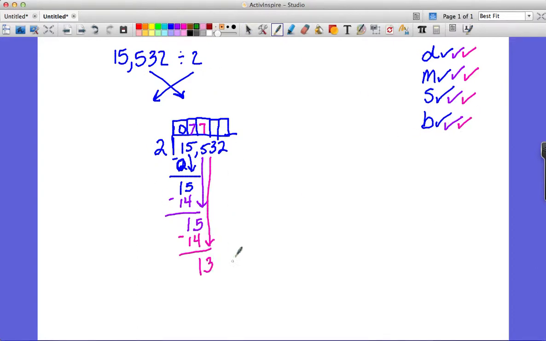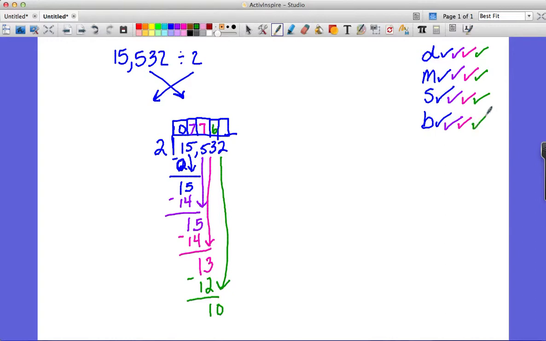Now I have to divide, because I have to go back to the top. So 2 goes into 13 6 times. That's my divide. 6 times 2 is 12. That's my multiply. 13 minus 12 is 1. That's my subtract.